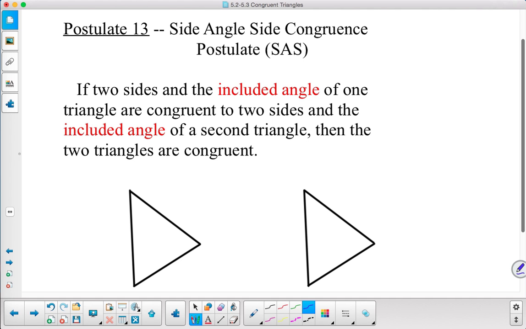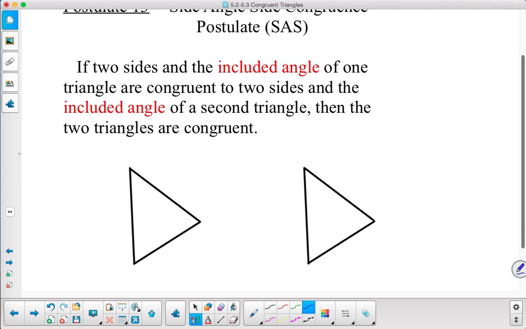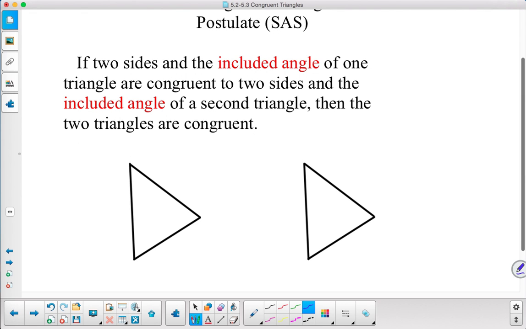Okay, if two sides and the included angle of one triangle are congruent to the two sides and the included angle of a second triangle, then the two triangles are congruent. Okay, two sides. Let's say this side's the same in both, and this side's the same in both.